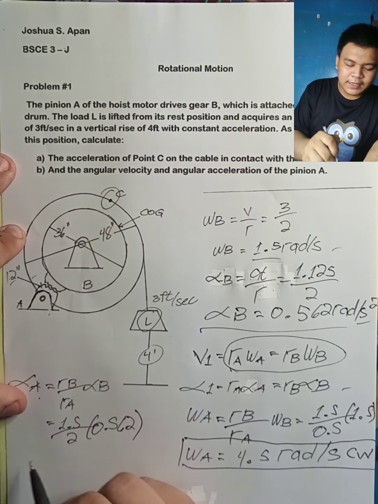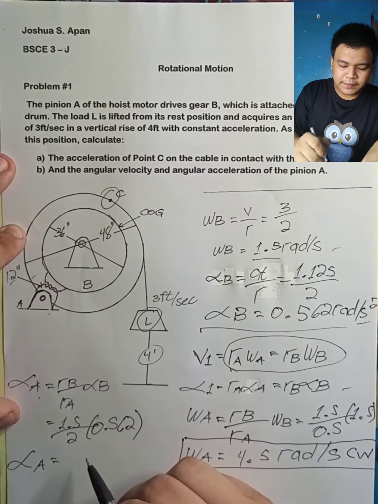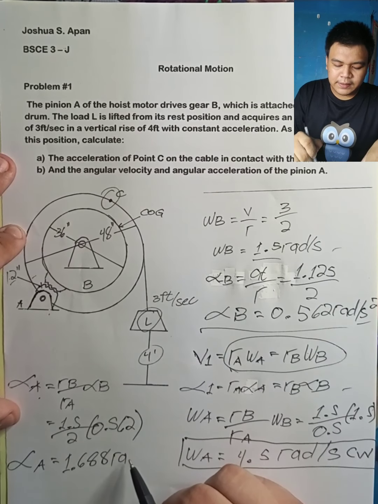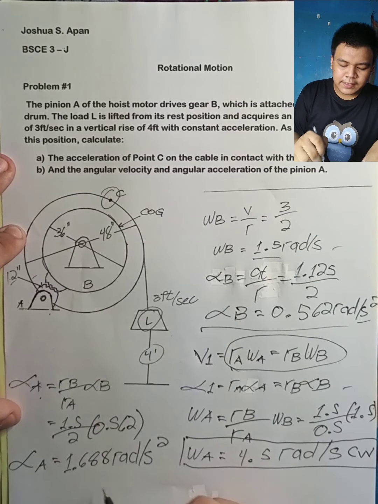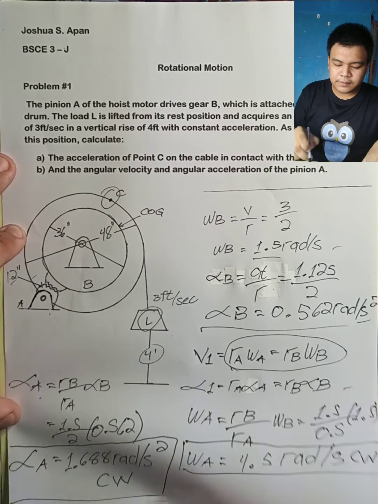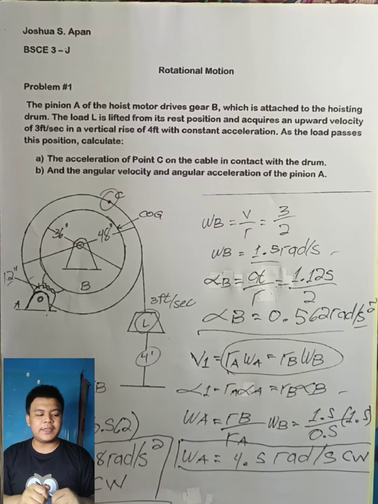So, ang angular acceleration ng point A is equal to 1.688 rad per second squared clockwise. So, ito yung sagot natin sa problem sa rotational motion.